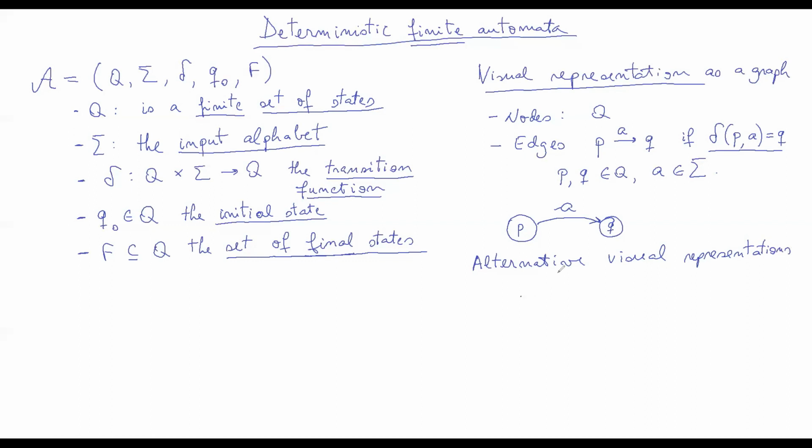So in this case, when you have delta of P and A equal to Q, you could say that once you are in P, you simply go to Q and you indicate the letter A, and you might have several such transitions with other letters. So this simplifies. It's the same idea of having a graph, but you don't highlight so much that these are nodes. It's just a sequence of states, and you show in between states what was the letter that transitioned from state P to state Q.